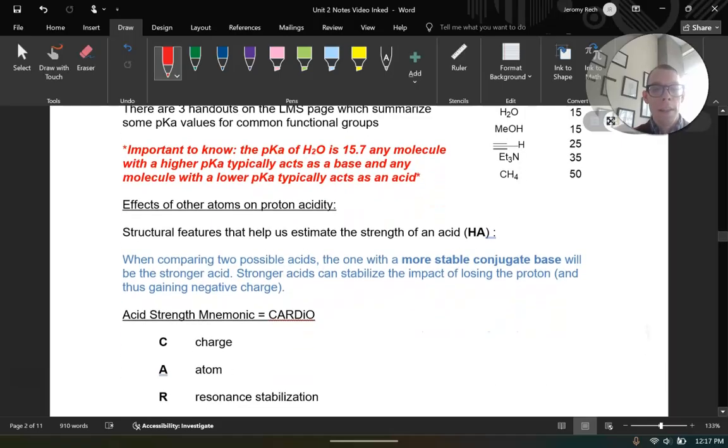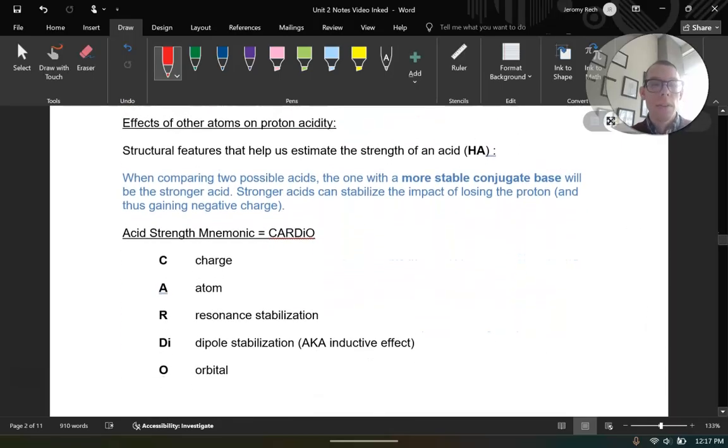Now, the main approach that we'll use, rather than just blindly memorizing a bunch of pKa's, is thinking a lot about the structure of your molecule, that molecule being HA. There are going to be a bunch of different possible A's. If you think of a big complicated molecule, it might have 10, 20, 30, maybe even 100 different hydrogens. To figure out what is going to be the most acidic, one of the things that we'll often think about is the product that's formed.